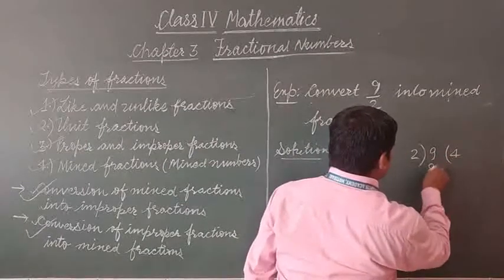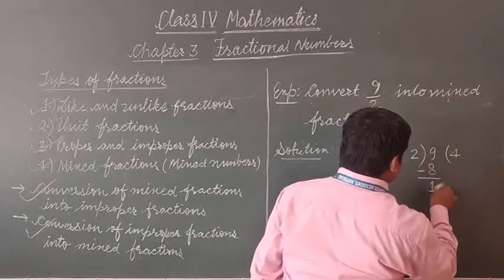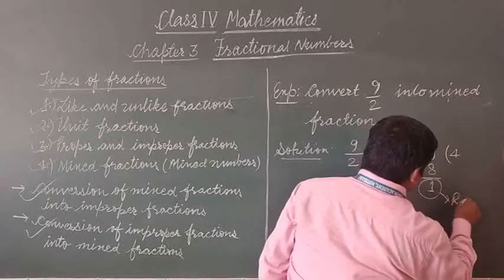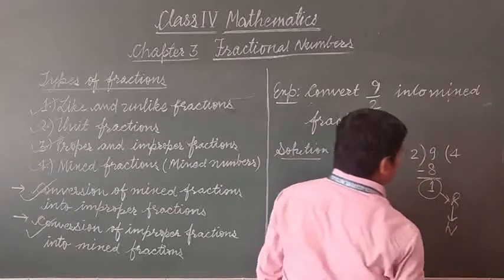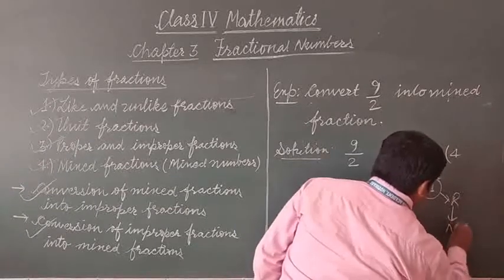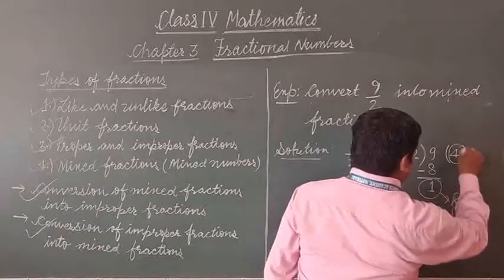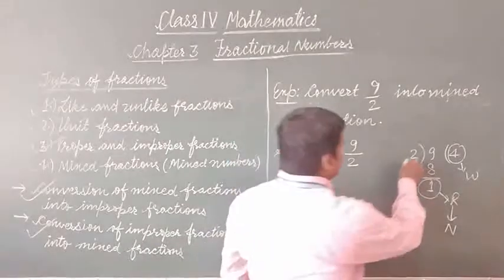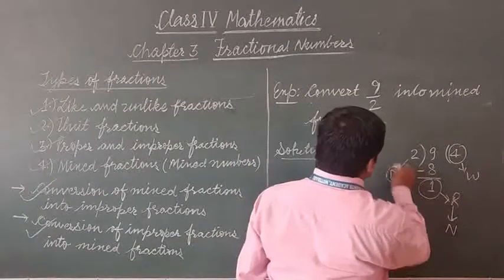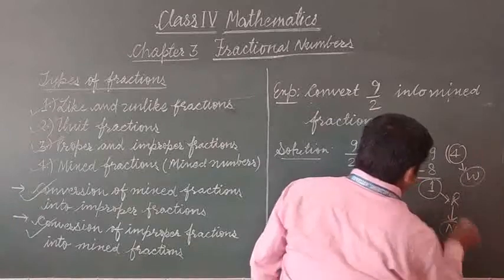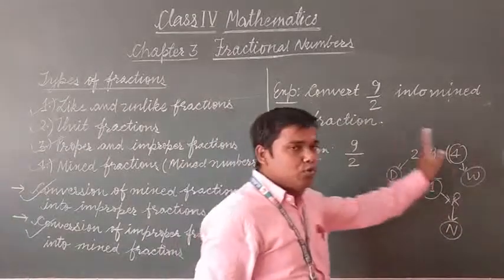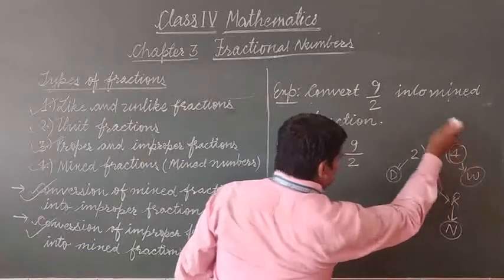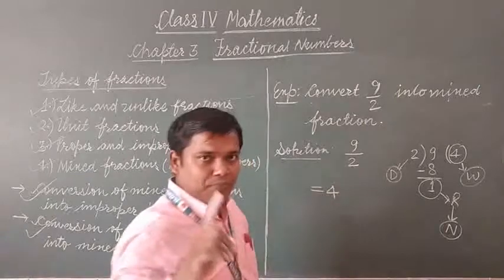So 2 4s are 8. You will subtract, and here is the remainder. The remainder will become the numerator. This is the quotient. It will become the whole part and the divisor will be the denominator. So if we have to convert this into mixed fraction, by dividing we got 4 as quotient.